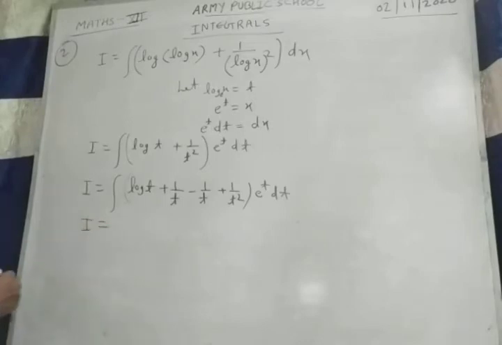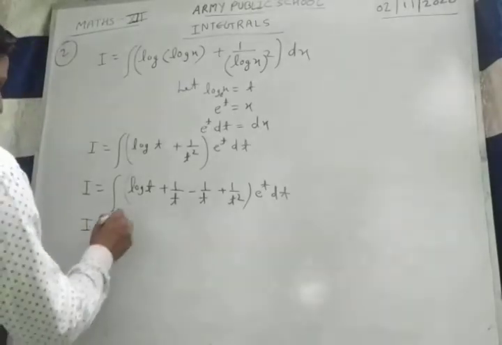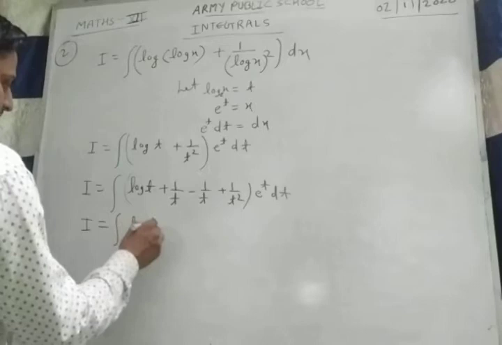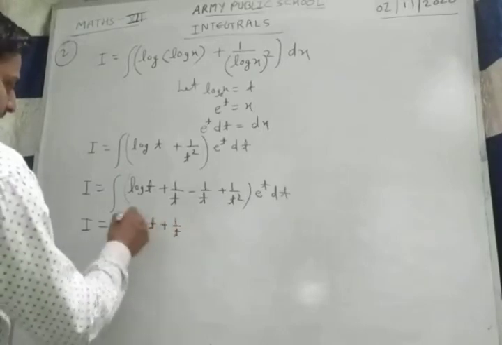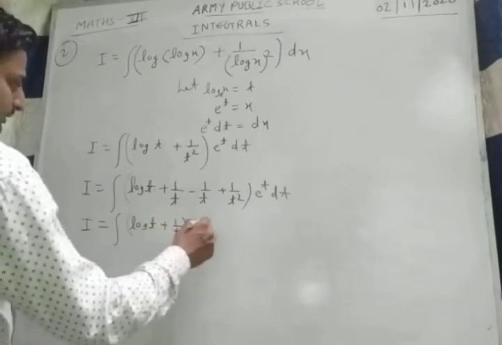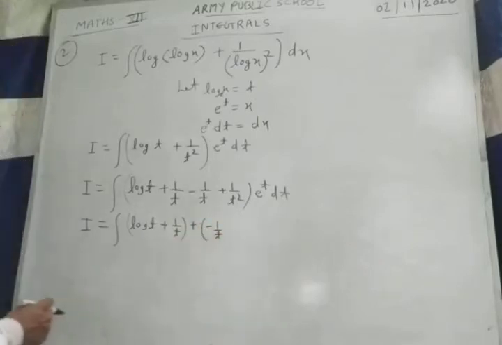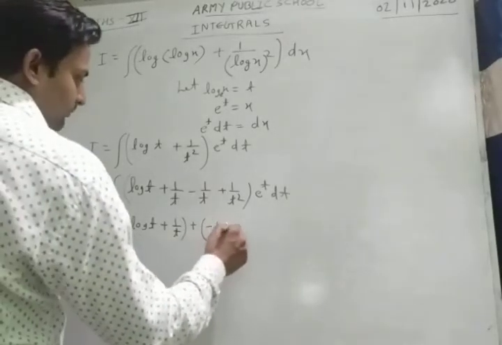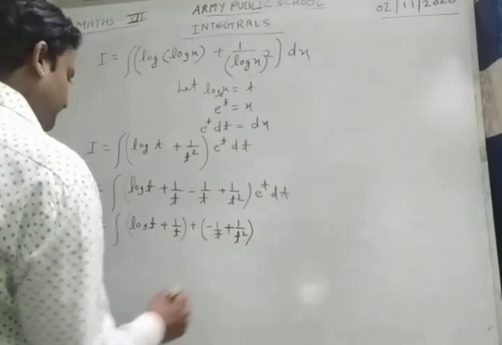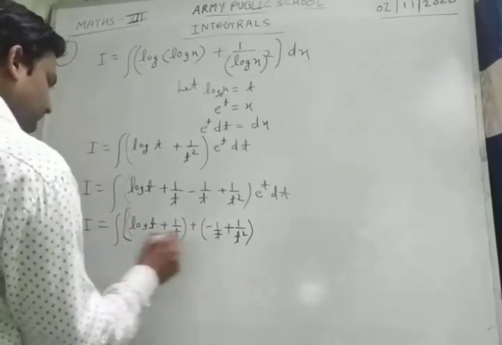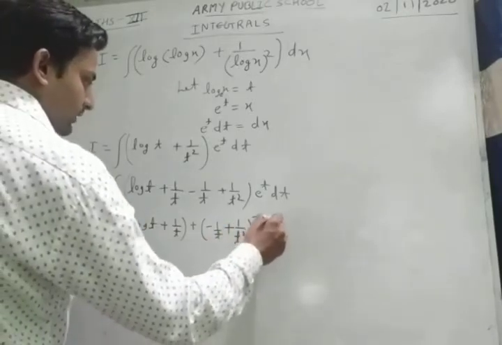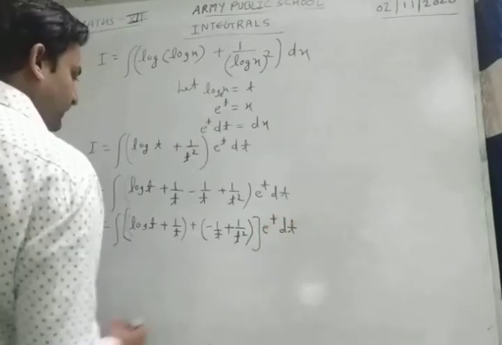Now I is equal to, we write log t plus 1 by t, and this is minus 1 by t plus 1 by t square, and this is e to the power t dt.